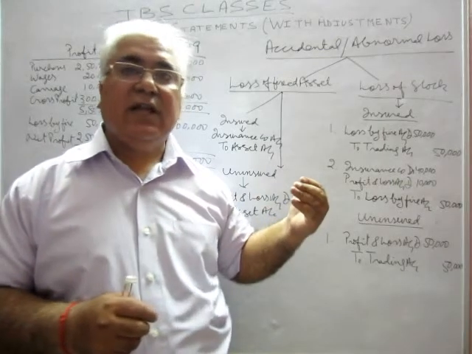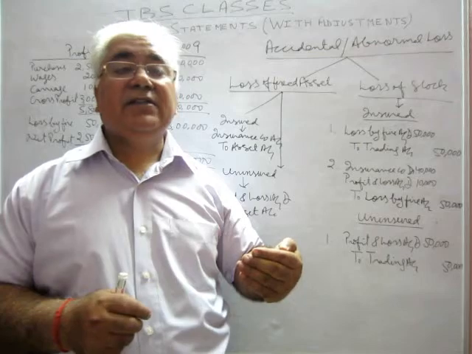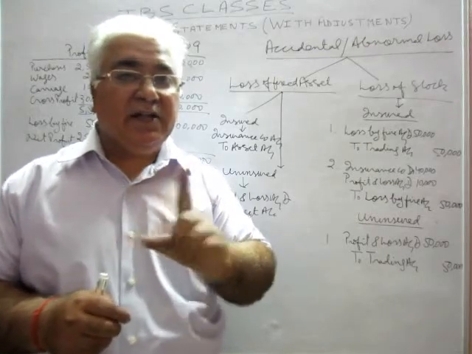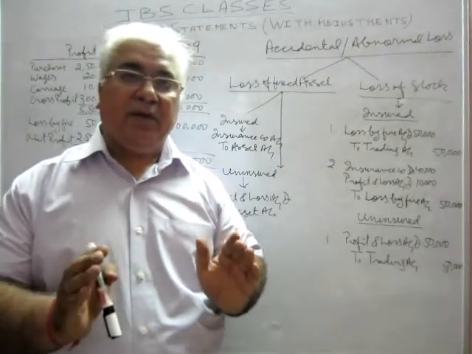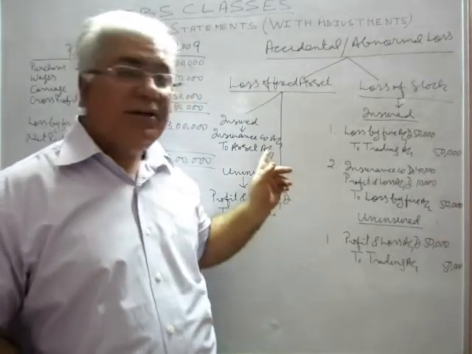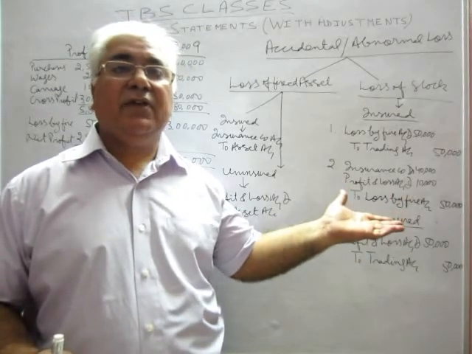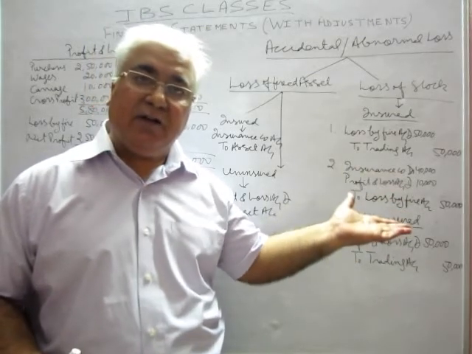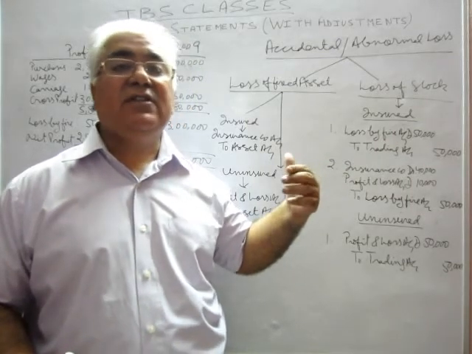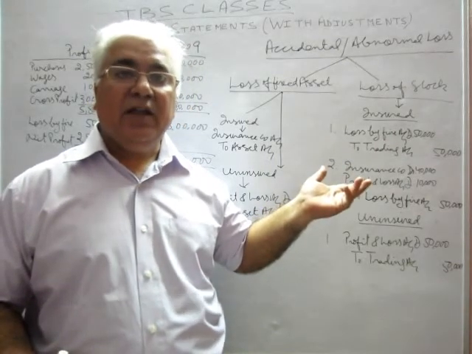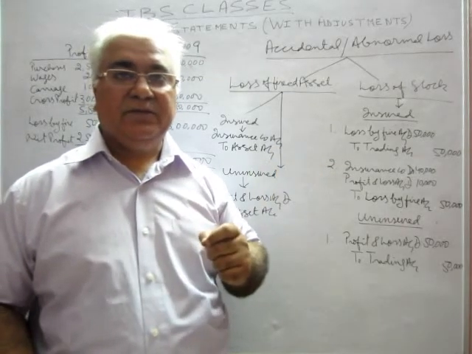Now this loss has diminished the gross profit, okay, but its operational ability has not reduced. So to judge the operational capability properly, we have credited the trading account. That means this amount of 50,000 will appear on the credit side of trading account, and gross profit calculated will be as if this loss never happened, okay, and actually this loss will be debited to profit and loss account.